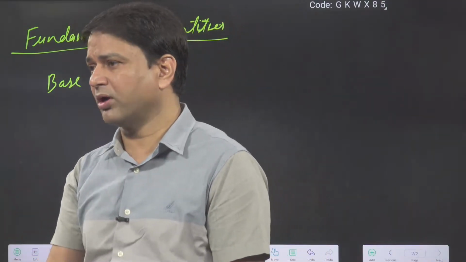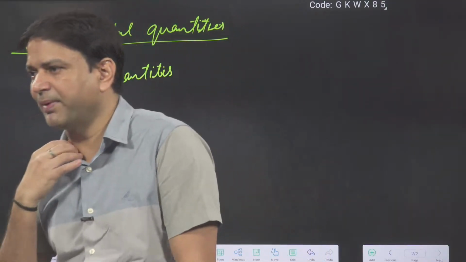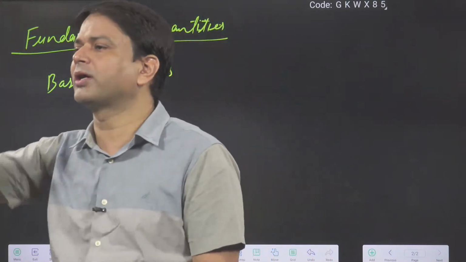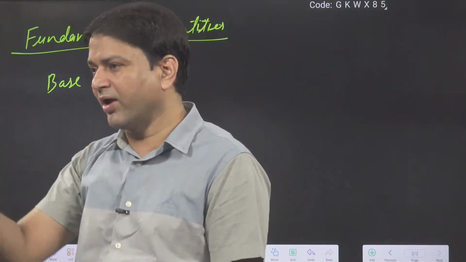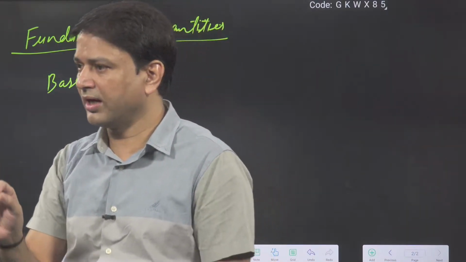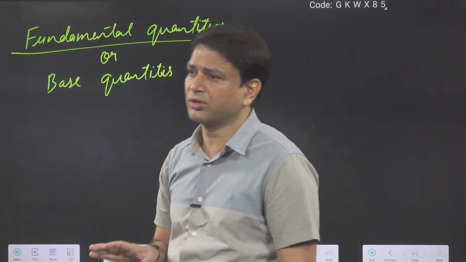Fundamental quantities are independent of the other quantities, meaning they do not depend upon other quantities. Even fundamental quantities are independent of each other also. I repeat again, what are fundamental quantities?